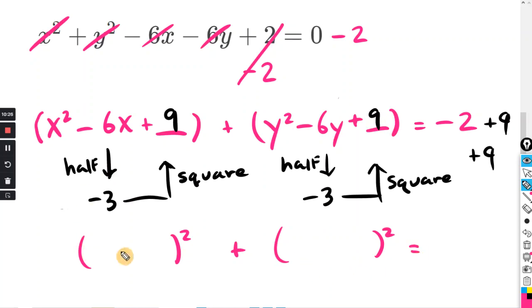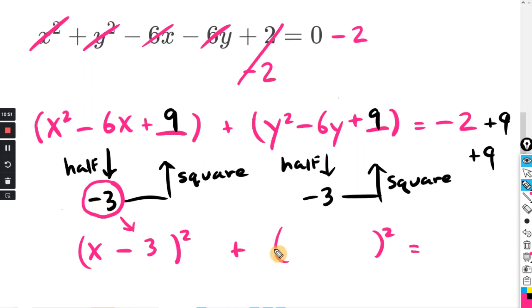So this one here is for the x's. And you don't even have to think about how to factor it. You just take the number you got when you took half, and that goes in the parentheses. So the negative 3 just goes right there. Make sure you maintain the plus minus sign you had when you took half.